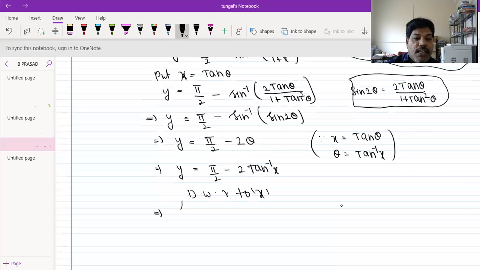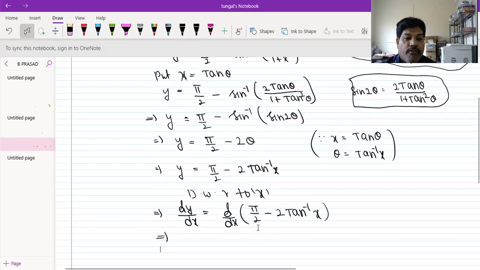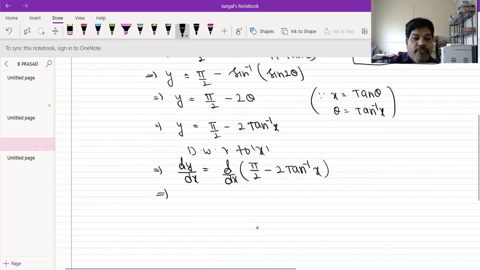Then what happens? dy by dx is equal to the derivative of pi by 2 minus 2 tan inverse x. How can we write this, students?